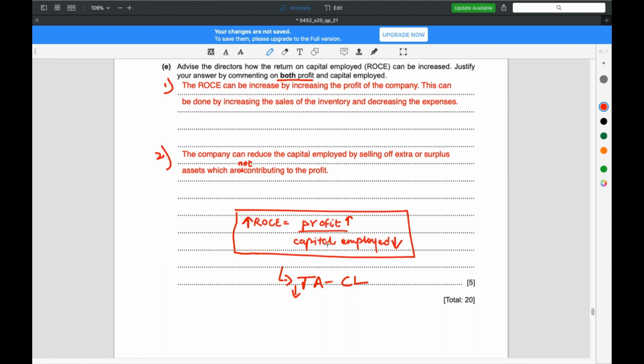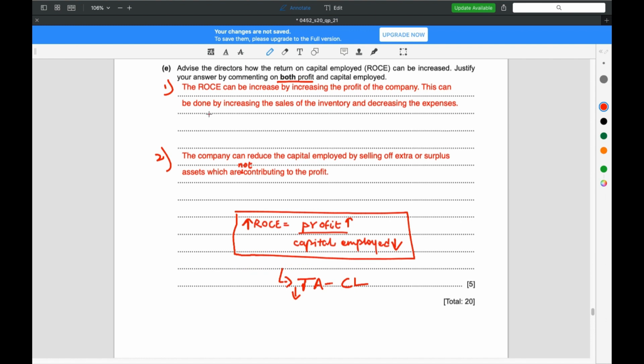If you sell off your assets, the capital employed will decrease and the return on capital employed will increase. Then you can just write down some basic details to this and you'll hopefully score 5 marks. This isn't really all that difficult. He's given you the hint. You just have to find out ways to increase profit and decrease capital employed.